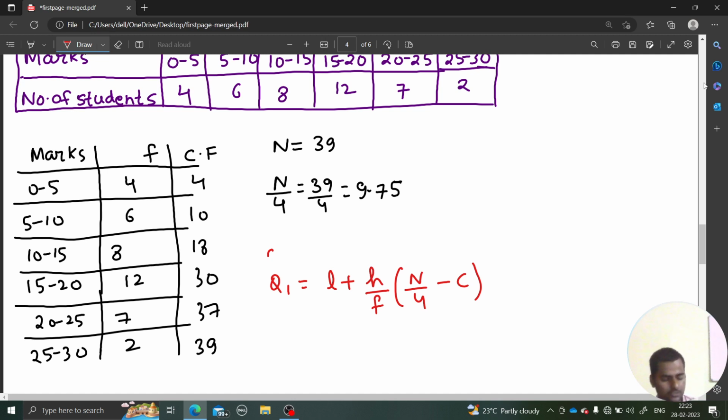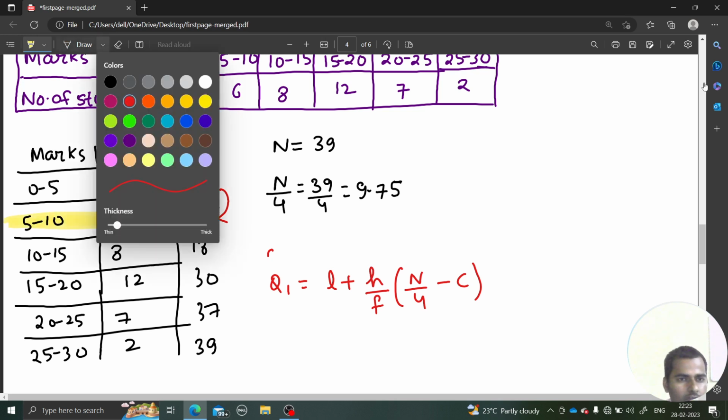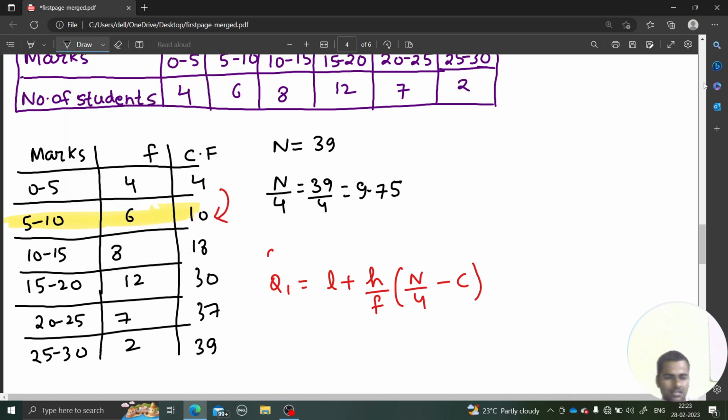Okay. So first of all, we need to see from which class interval we have to find the Q1 value, and for that we look for the value just larger than 9.75, so that you are getting as 10. So in this you will focus on values like L, which is the lower limit of this yellow class.